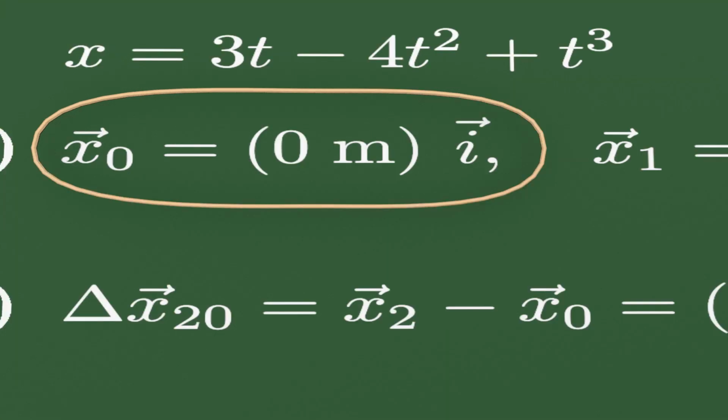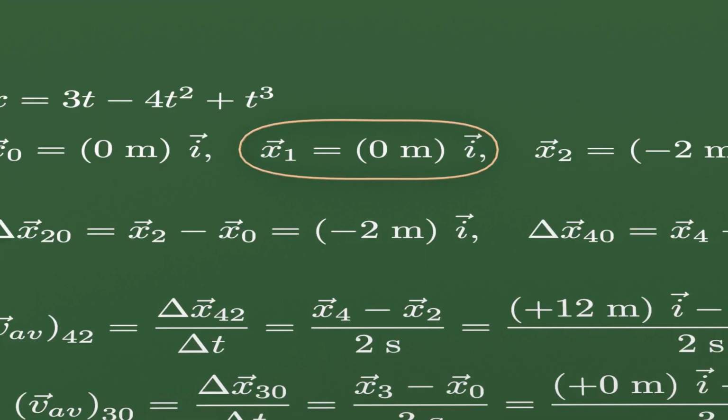The object is at the origin. At the first second, replace t with 1. The object is again at the origin. So displacement is 0, but can we conclude that there is no motion in that period of time? Of course not, but let's proceed.